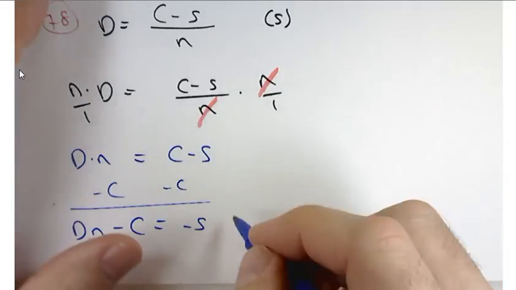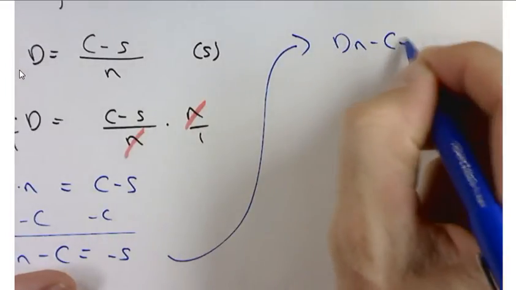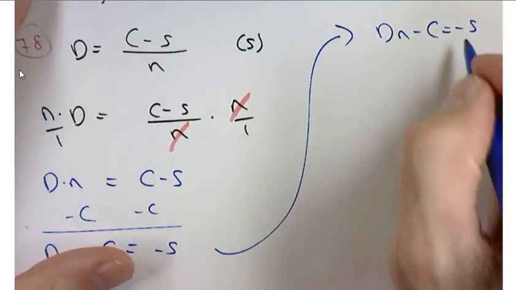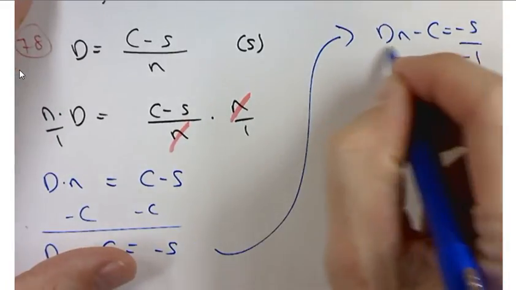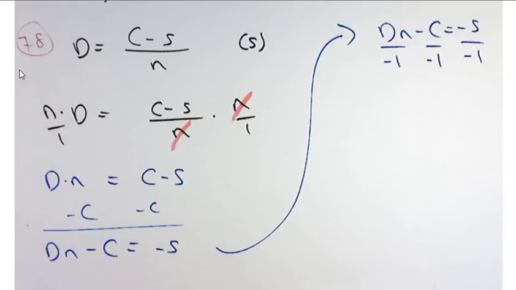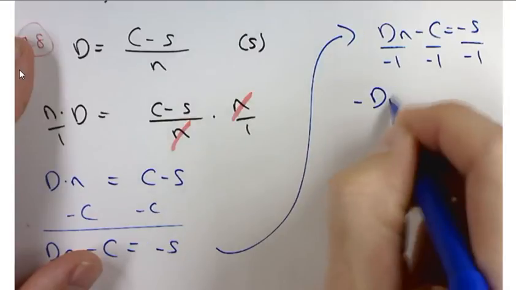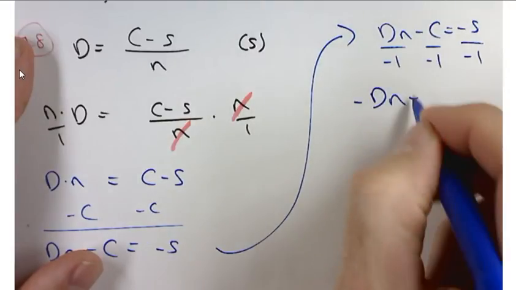Divide by negative 1. So dn minus c equals negative s. Everything there is going to have to get divided by negative 1. Divide by negative 1, divide by negative 1, and even that c there. All those terms get divided by negative 1. What equation do I get? dn plus c equals s.